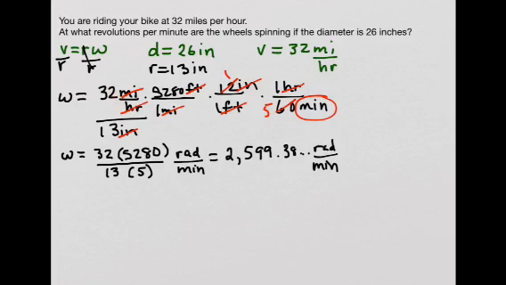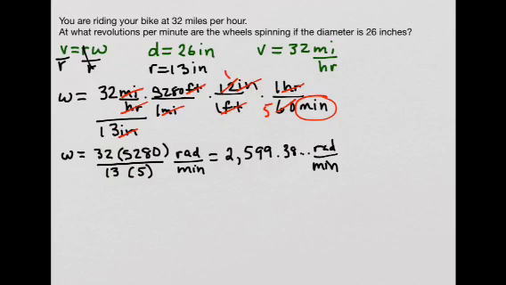So I multiplied this one times this one, and then when you simplify this complex fraction, because you notice how you have a fraction in the numerator, it becomes this when you simplify it. So since you're dividing by 13, you're actually multiplying by 1 over 13, so you end up with the 13 right here next to the 5. So you put that into the calculator and you get this, right?